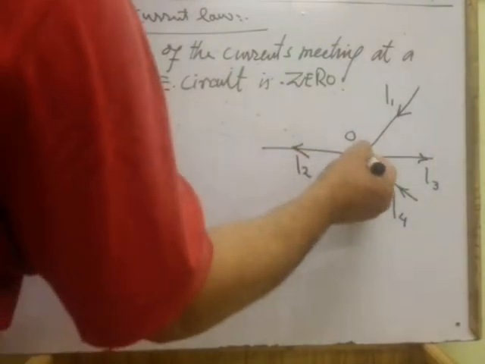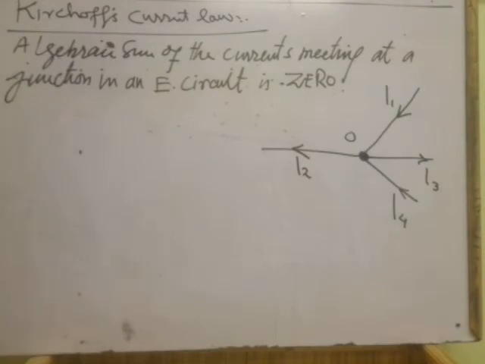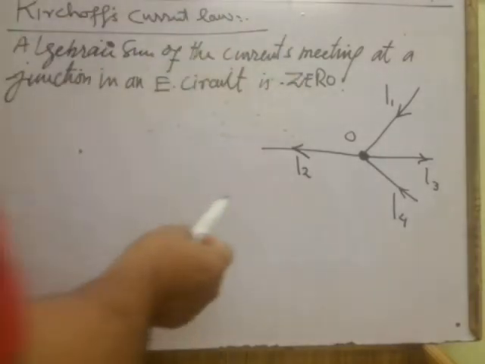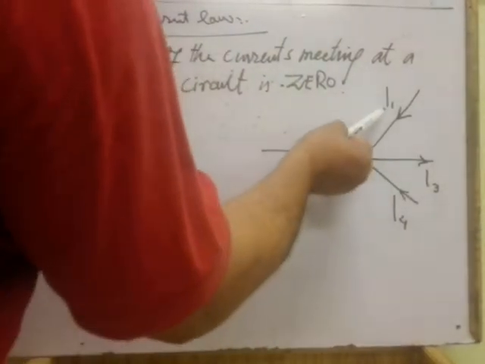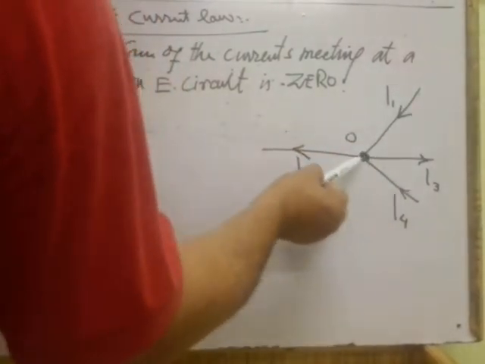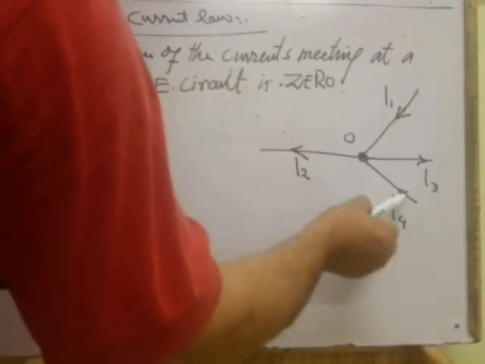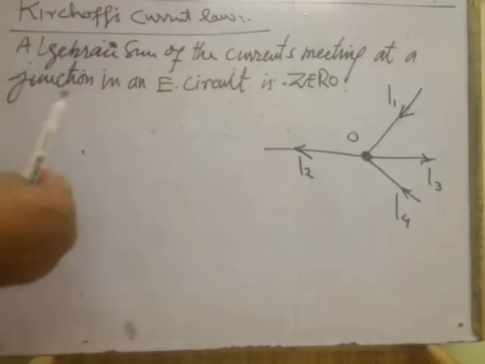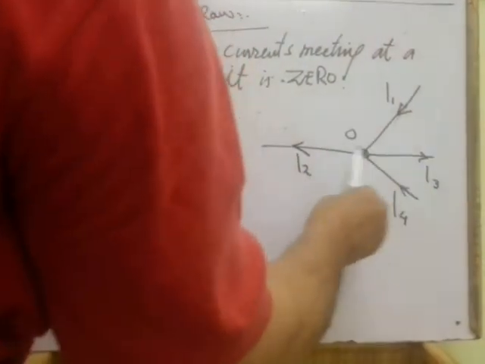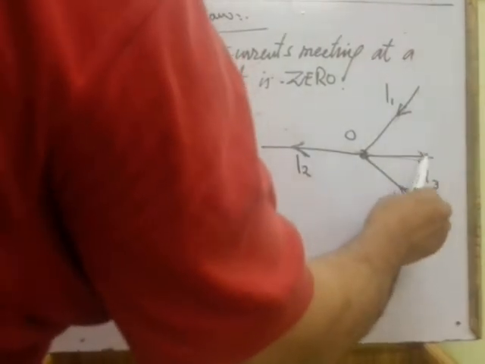This is a junction, a point where two or more circuits or conductors can meet with each other. From the diagram we can see that the two currents I4 and I1 are directed towards the junction, entering into the junction. And the two currents I2 and I3 are directed away from the junction, on the other side.